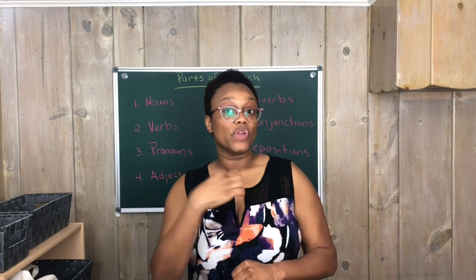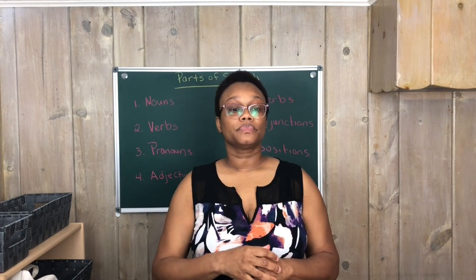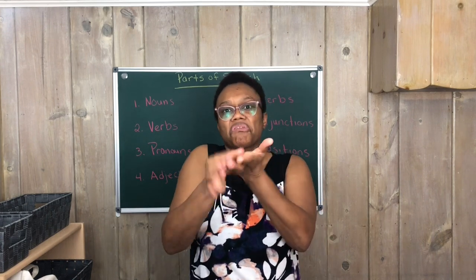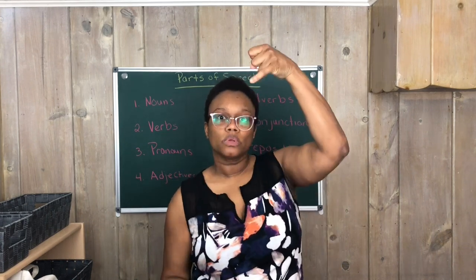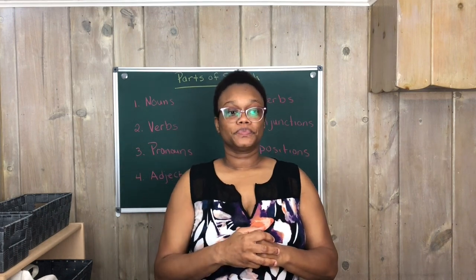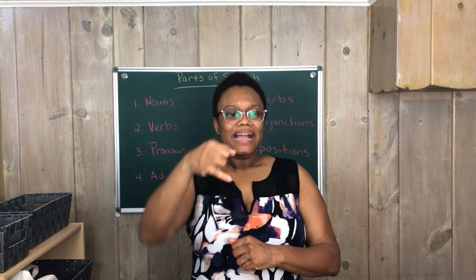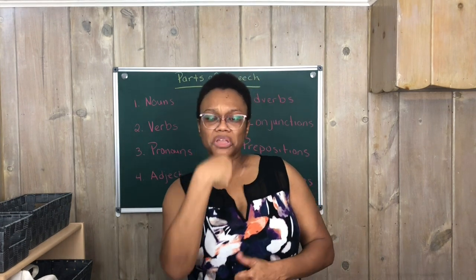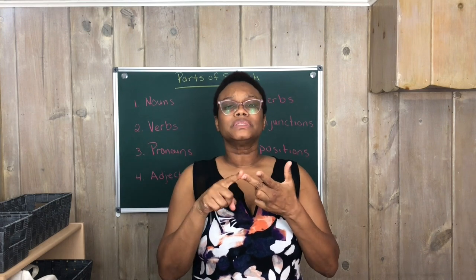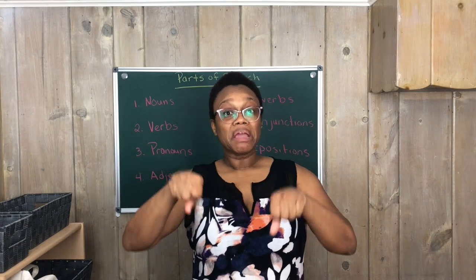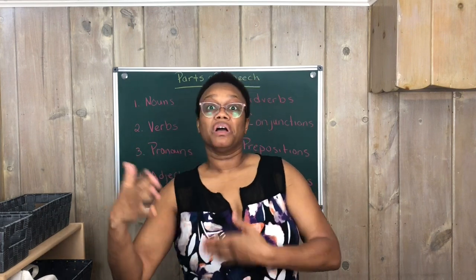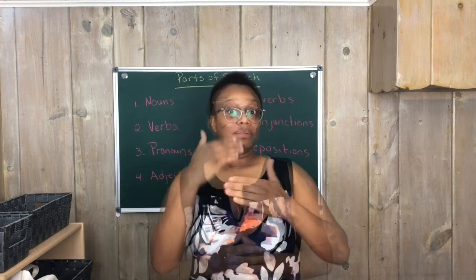Red, like a red shirt. Few, like few coins. Skinny, like a skinny man. Adjectives describe appearance, color, and number. So what I mean is you can say few, many, or you can use 1, 2, 3, 4, 5 numbers to describe.